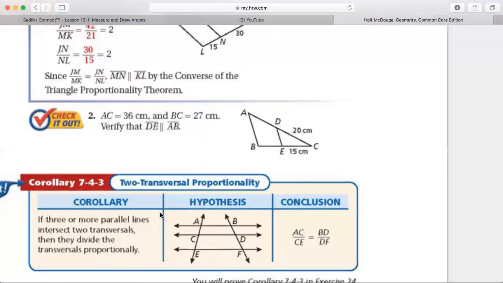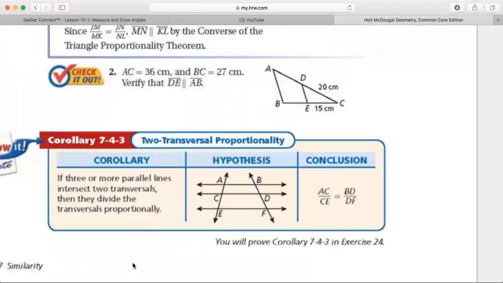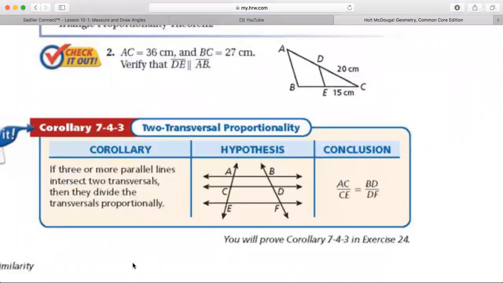Today we're going to learn the third theorem in this lesson, which says if three or more parallel lines intersect two transversals, then they divide the transversals proportionally.